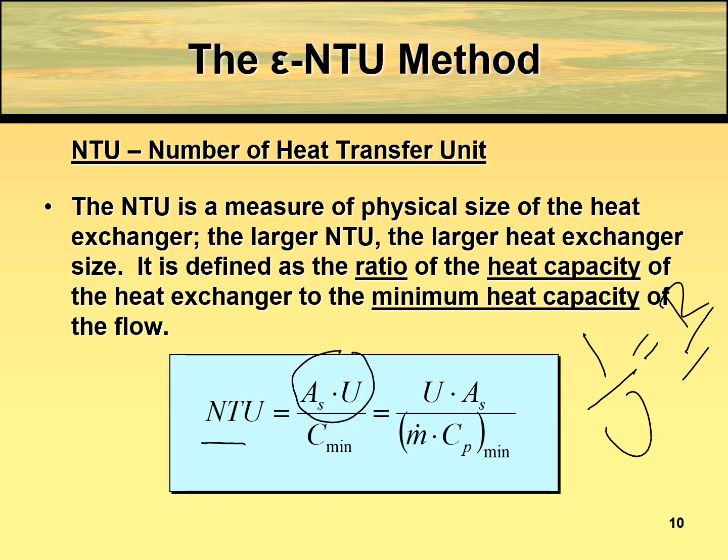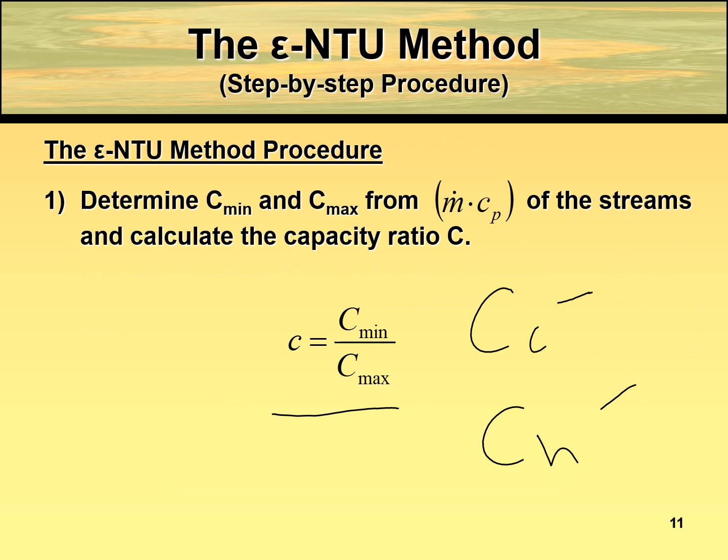So the effectiveness-NTU method is actually more suitable for the design process. Then if you have the concentric tube, thermal resistance is inversely proportional to the overall heat transfer coefficient, so 1/U. With this, the effectiveness-NTU method procedure.